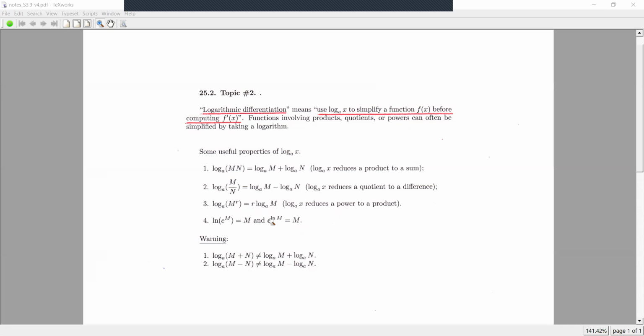E to natural log of m is m. In these two formulas, natural log and e cancel each other. Please note that we don't have any formula for log of a sum or log of a difference.